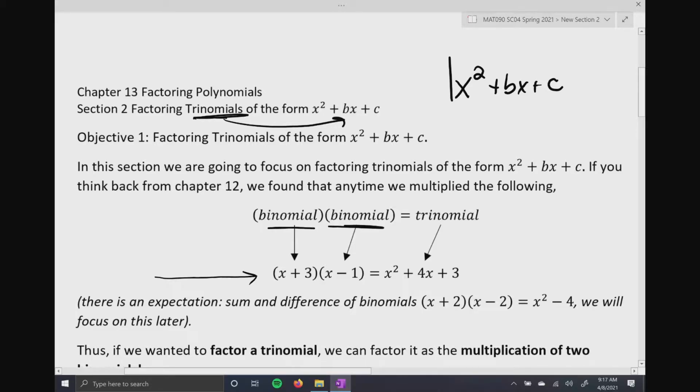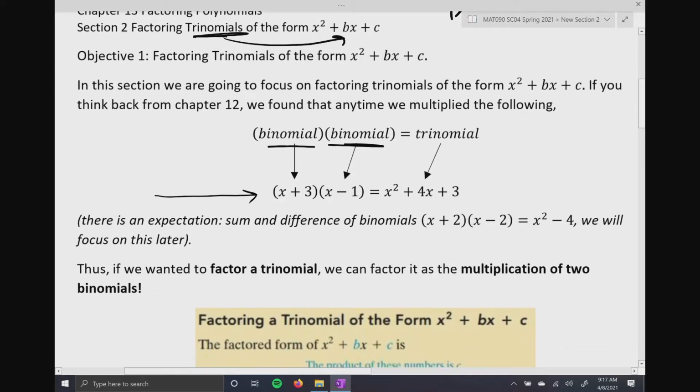Now, I did say most of the time because there is an exception. And it's right here. In fact, let me highlight it. Here's the exception. Notice in this situation, when I have 2 binomials and I multiplied them, I got another binomial.